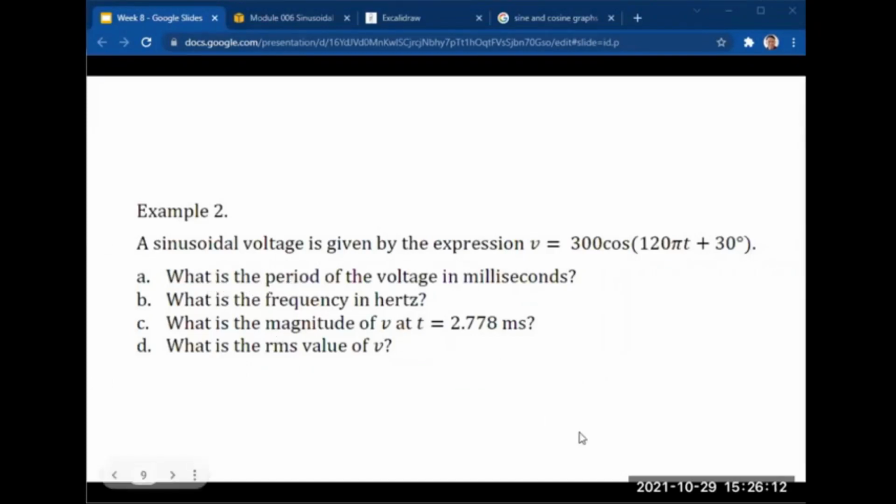We are asked for the period. So since this is period, we will go with omega.